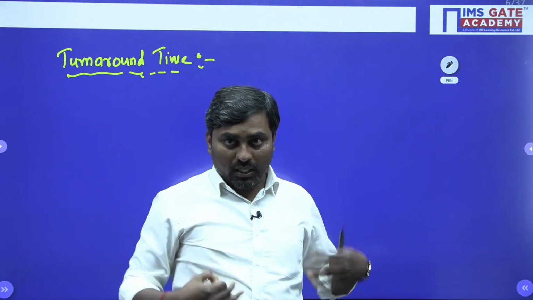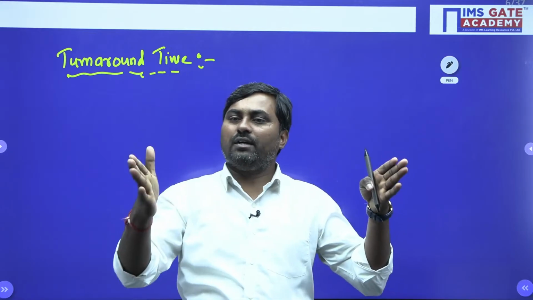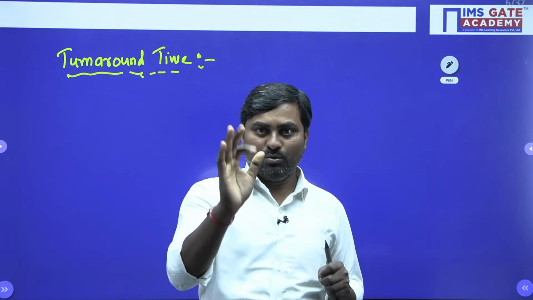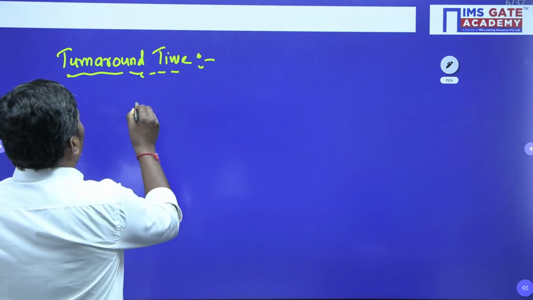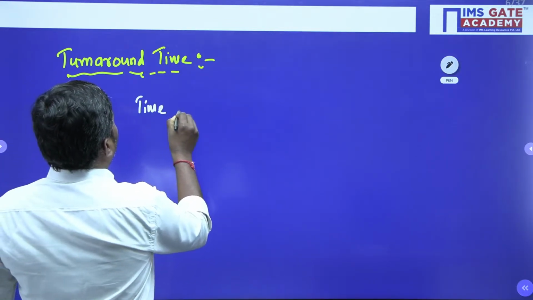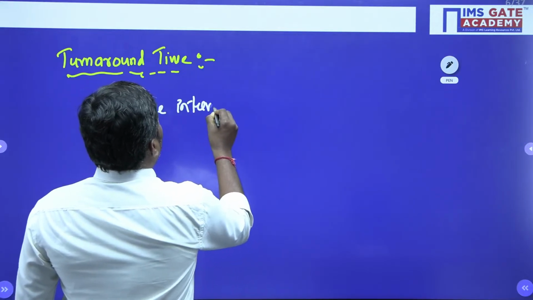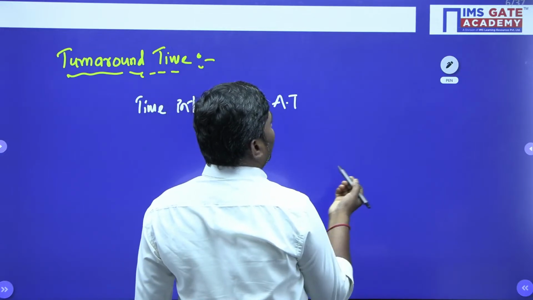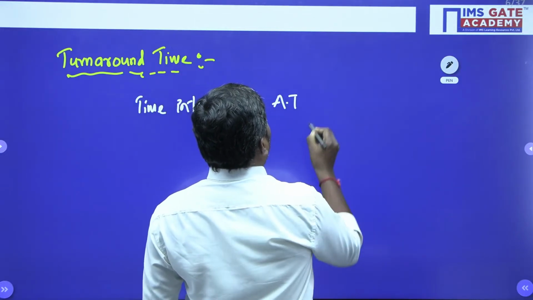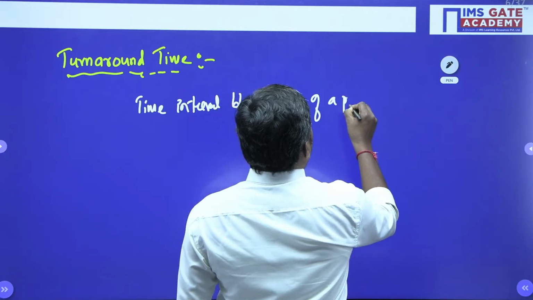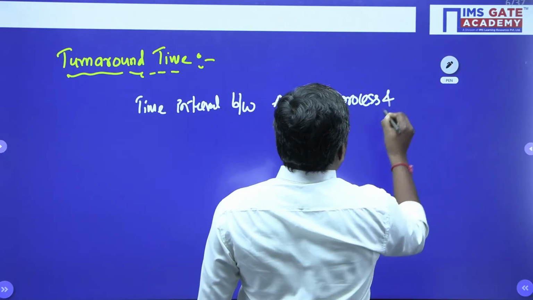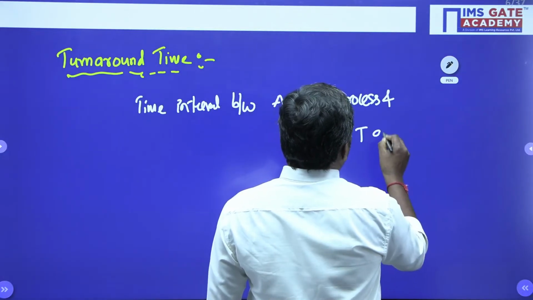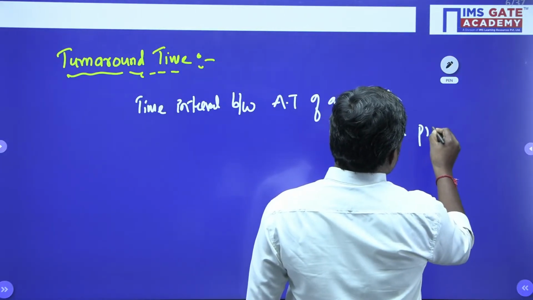Now turnaround time is nothing but simply the time interval between arrival and completion. Can I use this word? Observe now: time interval between the arrival time, the time at which the process arrives, the arrival time of a process, and the completion time of a process.